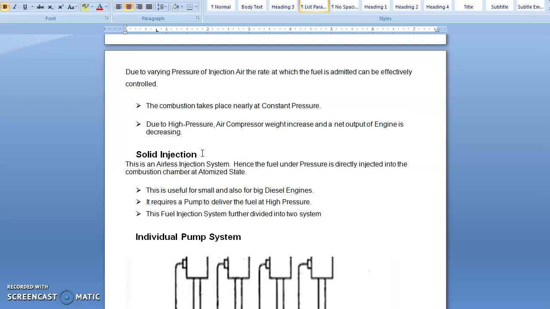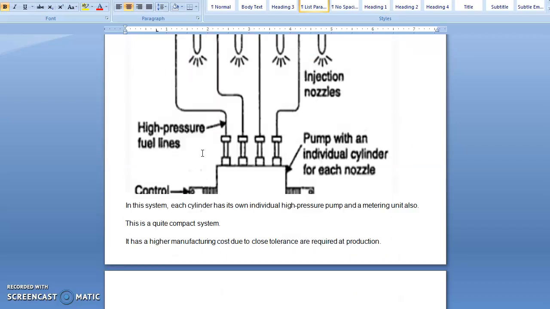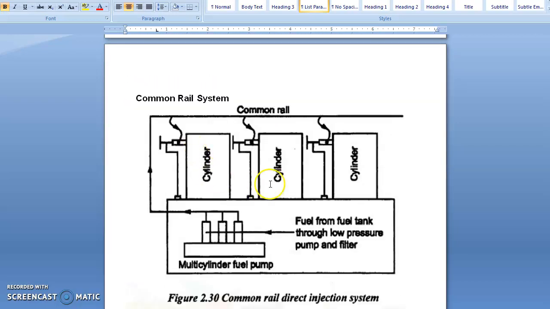We have already completed solid injection and the individual pump system. The common rail system gives a very smooth output, and it is cheaper in comparison to the air blast injection.